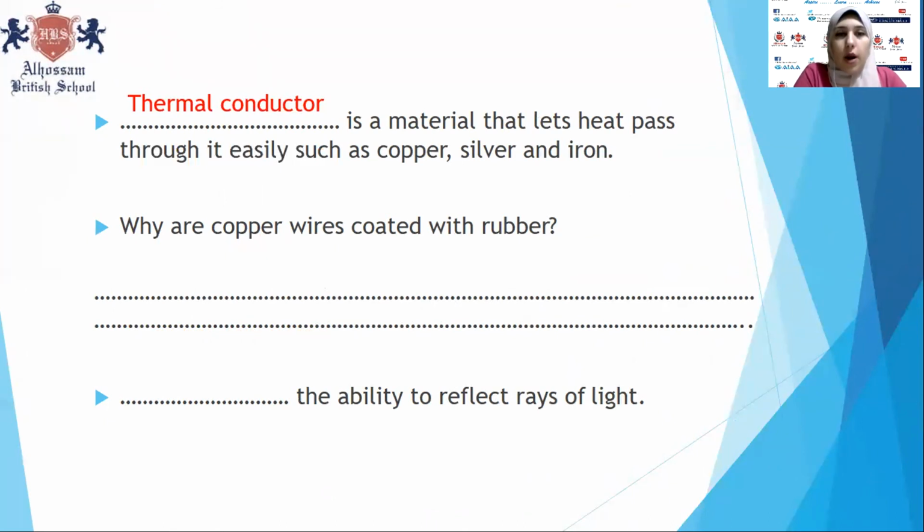Next question. Why are copper wires coated with rubber? We just said it. Try to think. Is rubber a conductor or an insulator? Insulator. Excellent. So we put it to prevent people from being shocked. Okay. What is the ability to reflect rays of light?